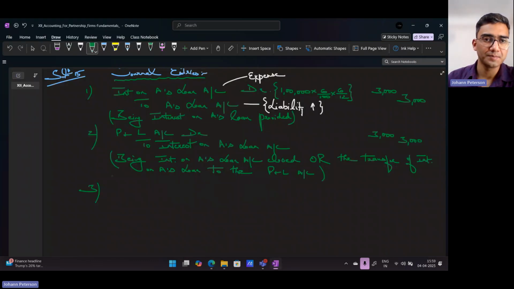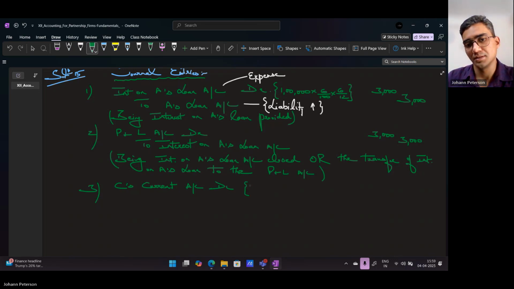So the entry will be, in this case, C's current account debit. How much is the interest which this partner has to pay? This partner will have to pay on 1,50,000. I think it is 10%. So 10 upon 100 into 6 upon 12.